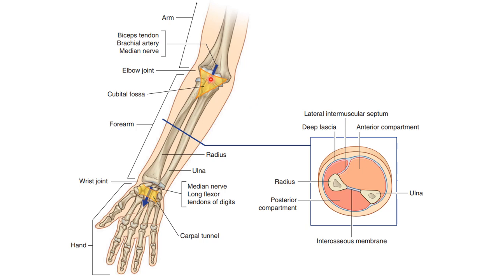Now, the forearm is the region that is bounded proximally by the elbow joint and distally by the wrist joint. The structures pass from the arm to the forearm through the transitional area, which is called the cubital fossa, that we already studied, the triangular space in front of the elbow joint.